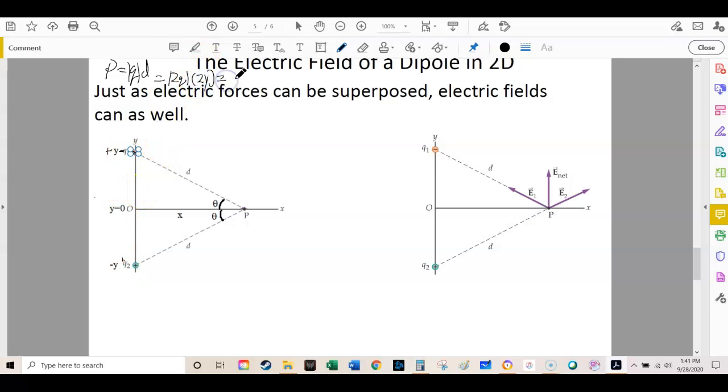So that's how you would calculate that dipole moment. It would be 1.6 times 10 to the negative 19th coulombs times whatever y is. Usually y is measured in nanometers, or an angstrom or something.